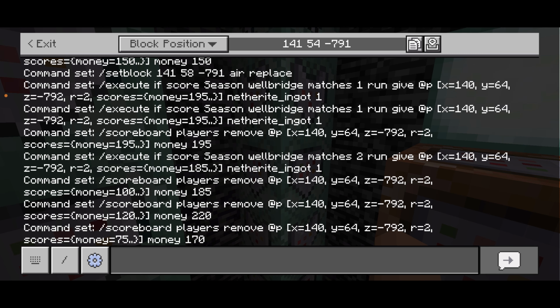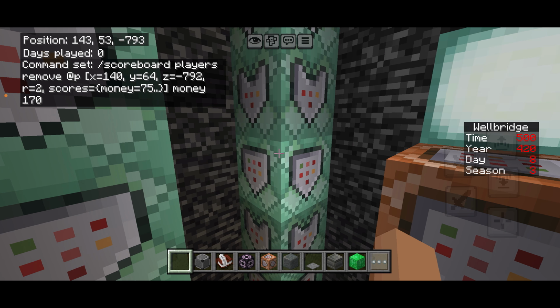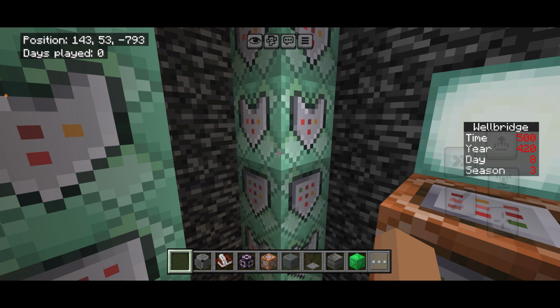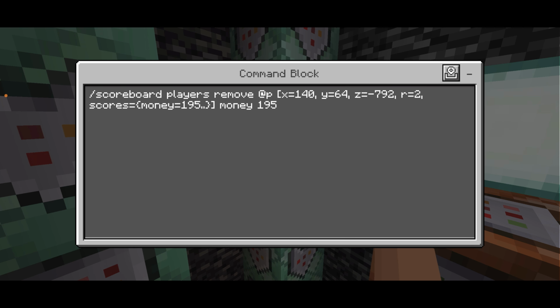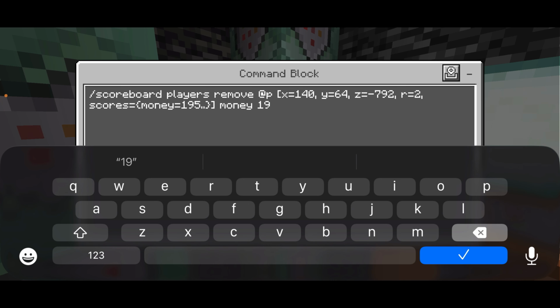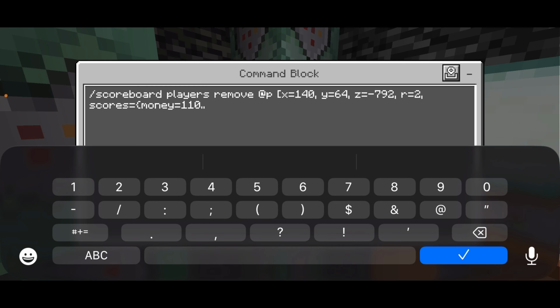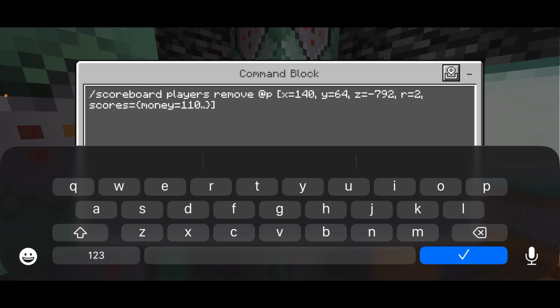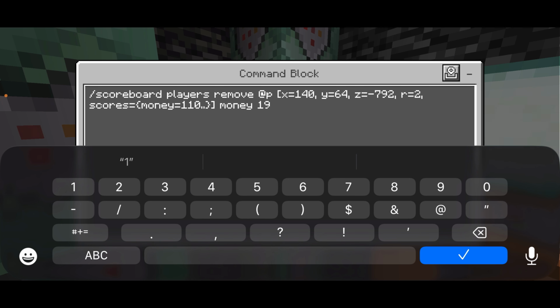I'm going to go up there and change this command right here. Okay, let's do 195. The second one was scoreboard players remove @p, 140, Y equals 64, negative 792, R equals 2, scores equals money 110, money 195.